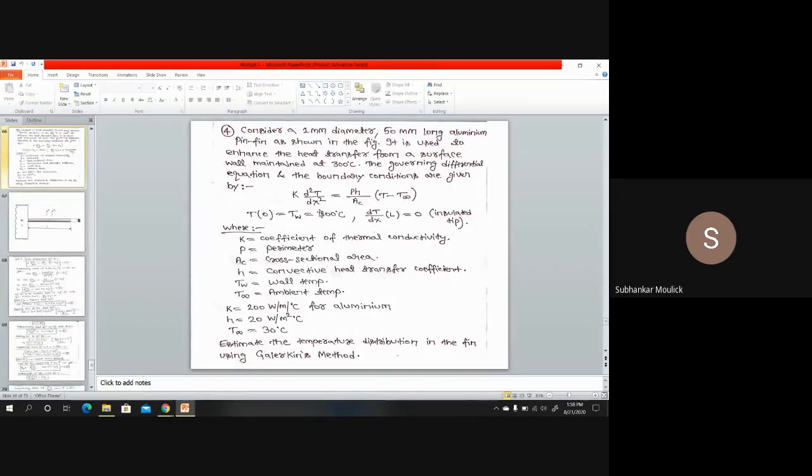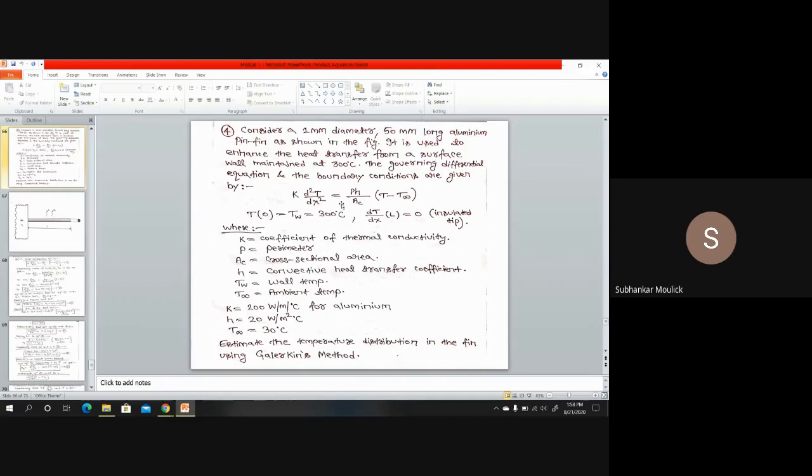In this problem, the governing differential equation is given to you. You start with the governing differential equation, then you find out the residual, and then by different methods you find out the approximate solution of the problem. But in variational method, the governing differential equation in the very first step is converted into an integral form of equation.